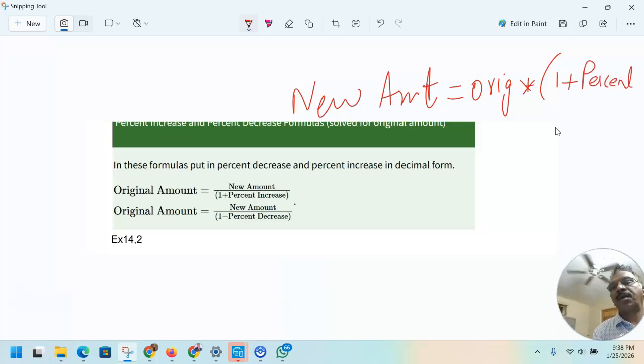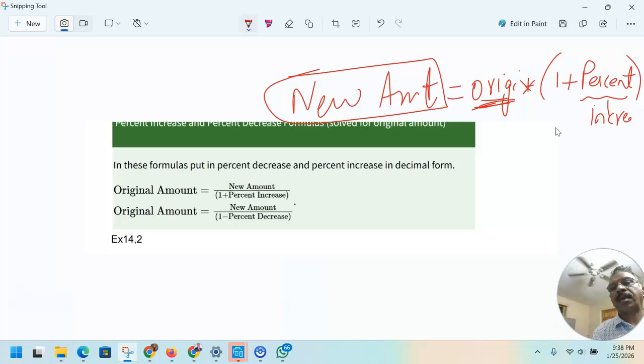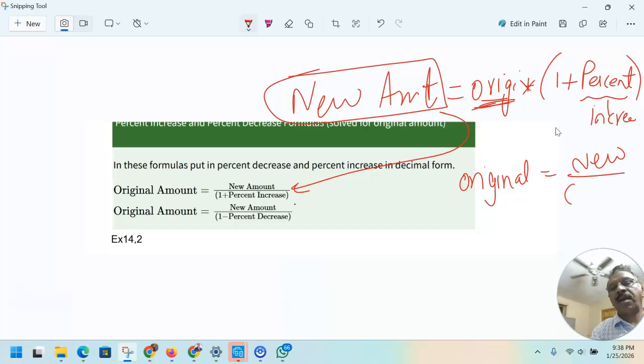This could be the house price increase. The new house price is the original house price plus this percent increase. So it is the original amount directly written as the new amount, and then you just add 1 plus percent increase. But if it is a decrease, then you subtract.